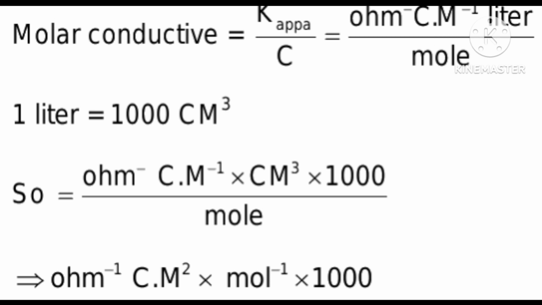For example, NaCl is a strong salt, KCl is a strong salt, NaOH is also a strong base that gives ions. Acids like HCl, HBr, HI also give ions; all are electrolytes. Here I am talking about electrolytes, maybe salt, acid or base.